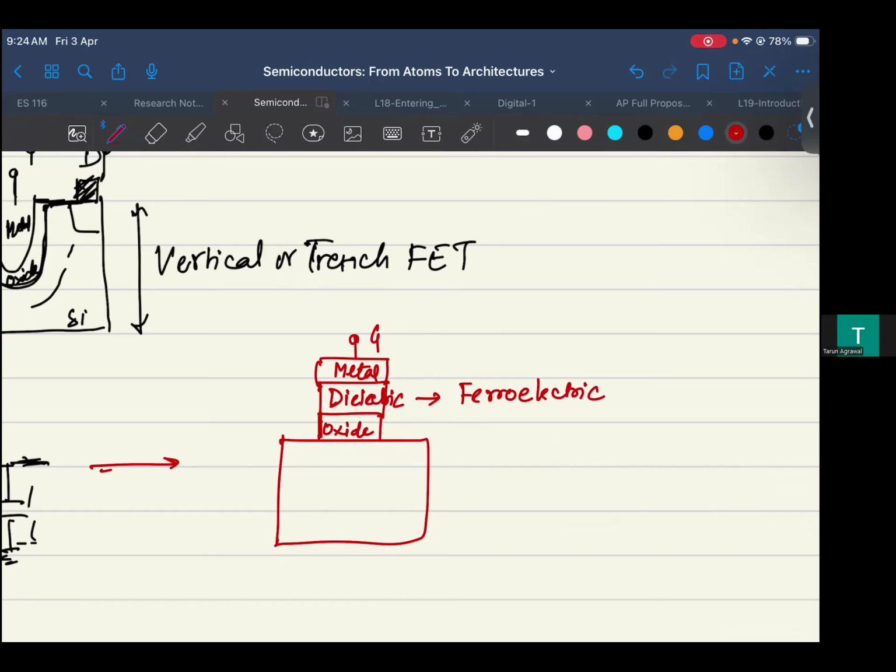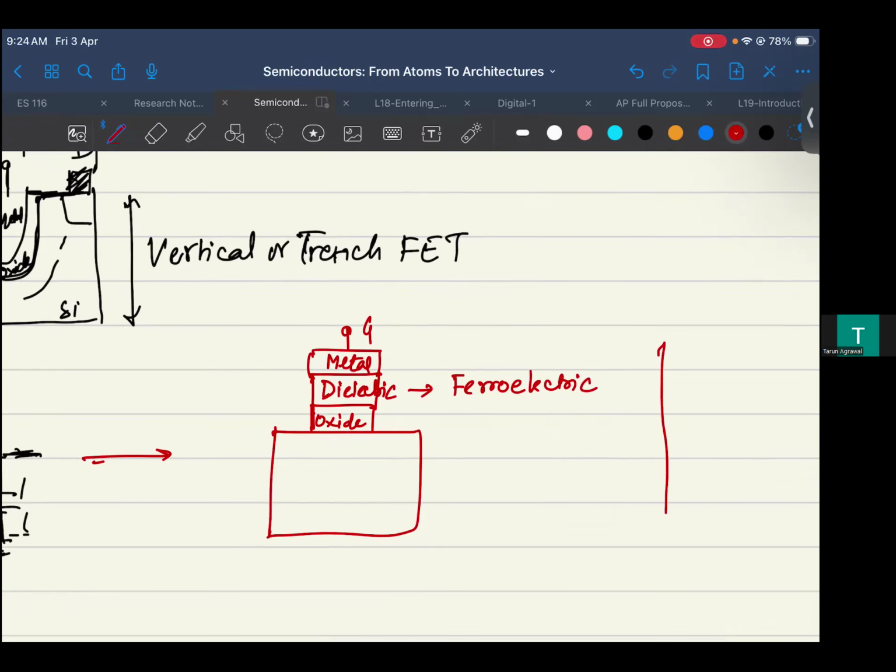We know in ferroelectrics, if we were to plot the polarization versus electric field, we see that it has a hysteresis, which is the basic material property of this ferroelectric, which can be used to retain the information.